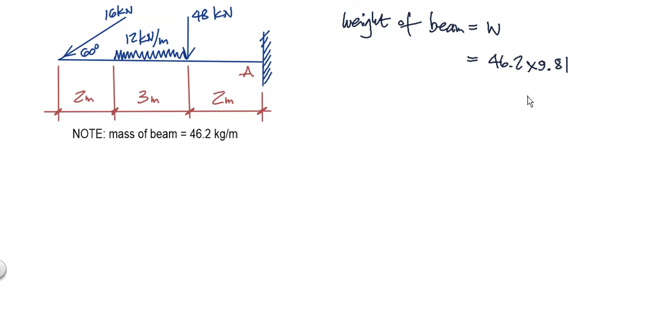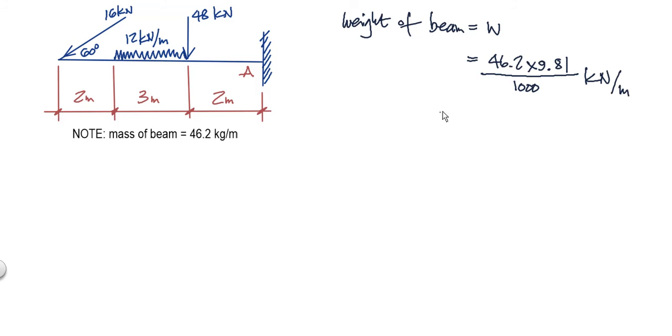So that will convert it to newtons, and of course we need to divide it by 1,000, and it will give us so many kilonewtons. But that there is kilonewtons per meter.